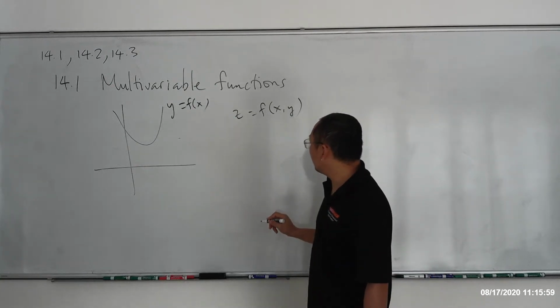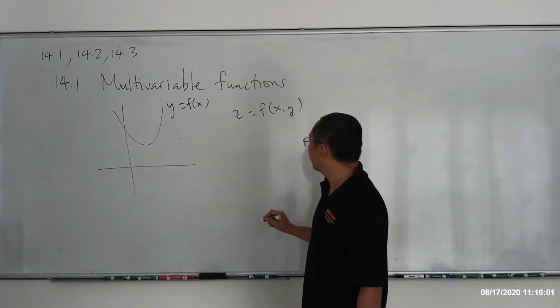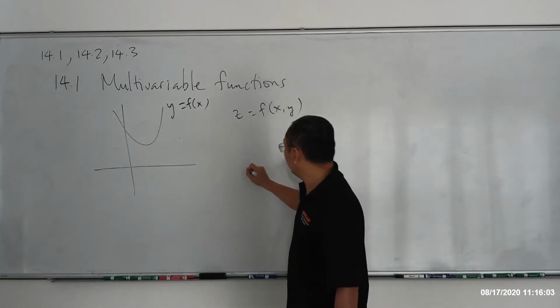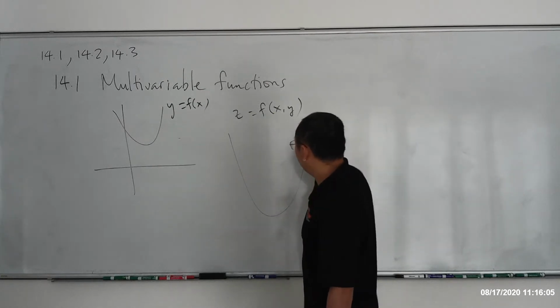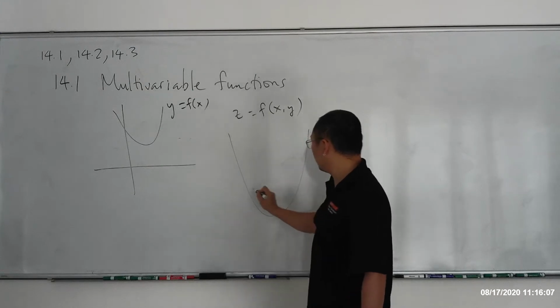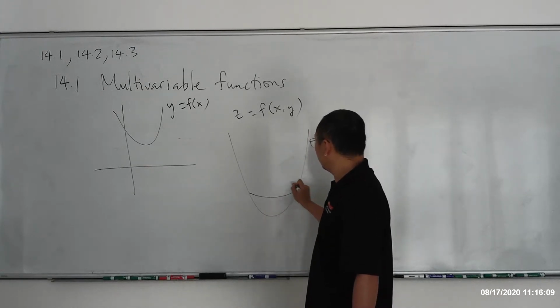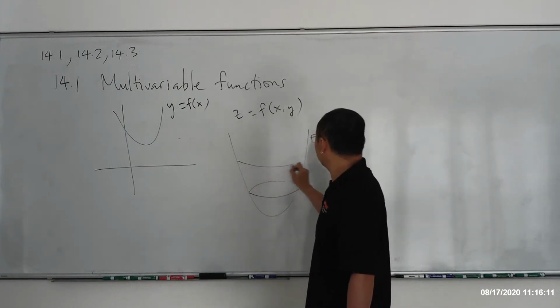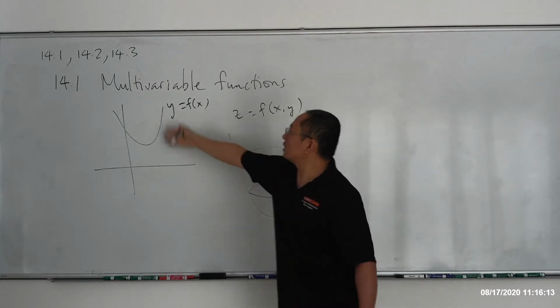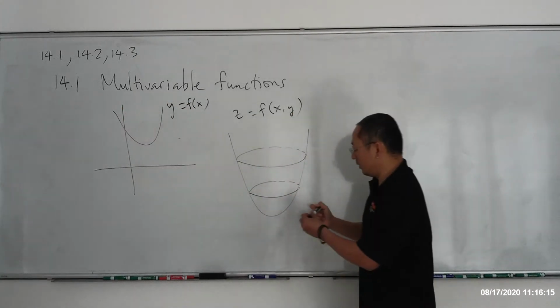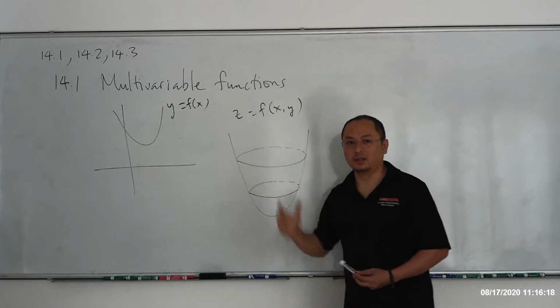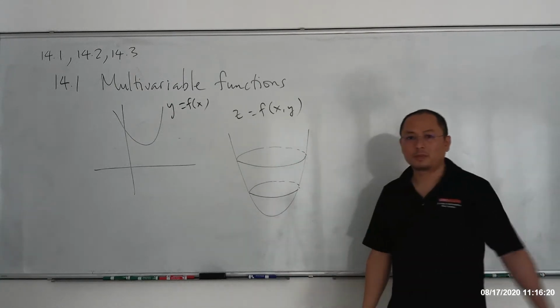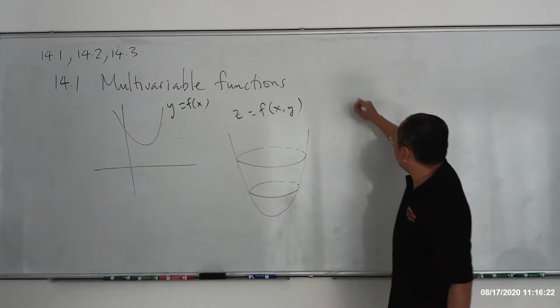For example, you may have such a thing like a paraboloid. How do I draw it in 3D? It's not just a parabola, it's not just a curve, right? Now you see what, a surface. Like a bowl. Okay? Or you can have something like a cone.